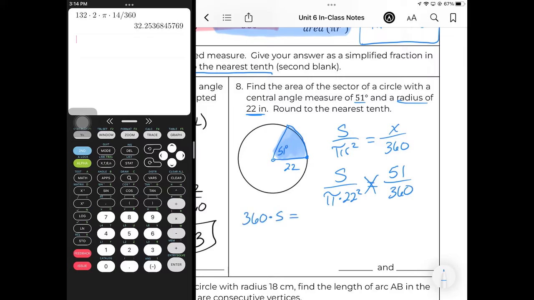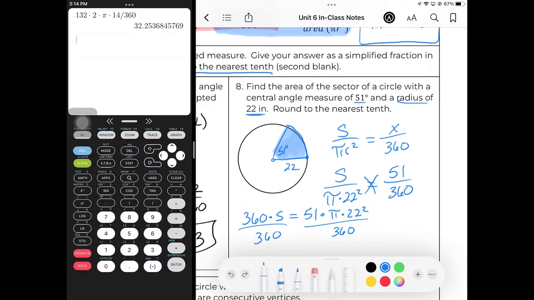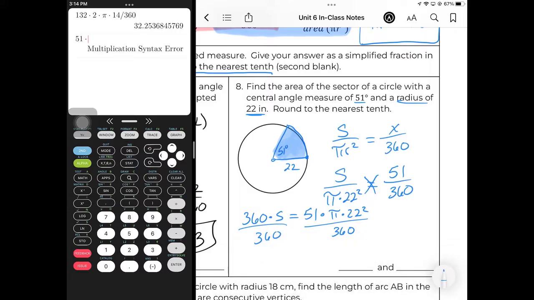That has to equal 51 times pi times 22 squared. Again, divide by your 360 to cancel that. And so that's what I put in the calculator. 51 times pi times 22 squared divided by 360, we should get 215.4.